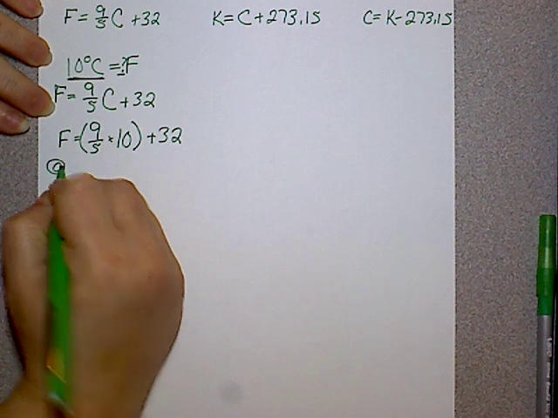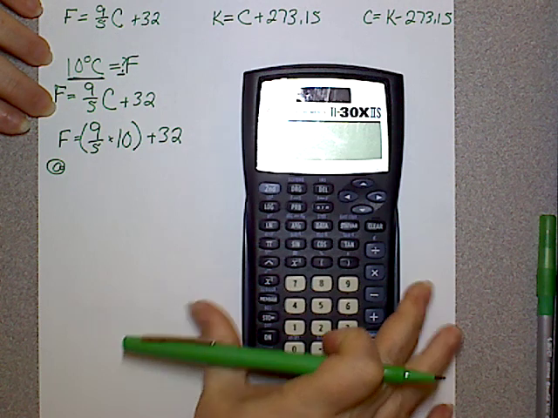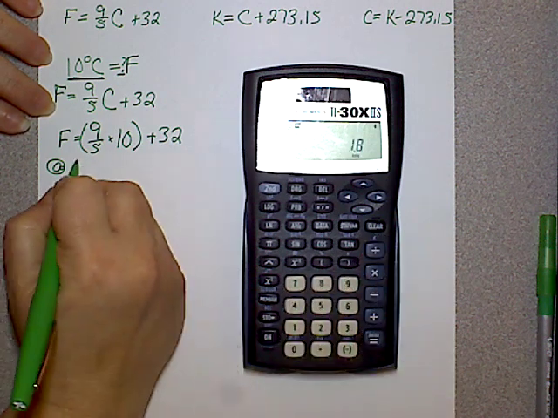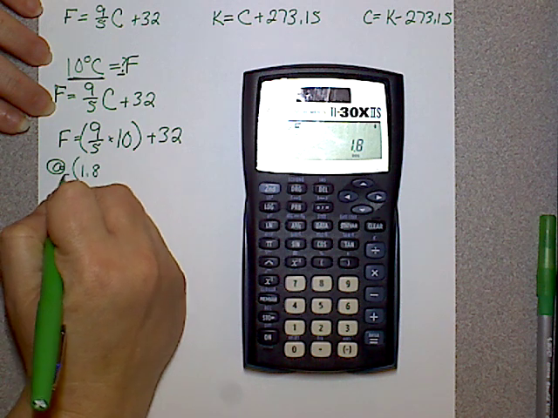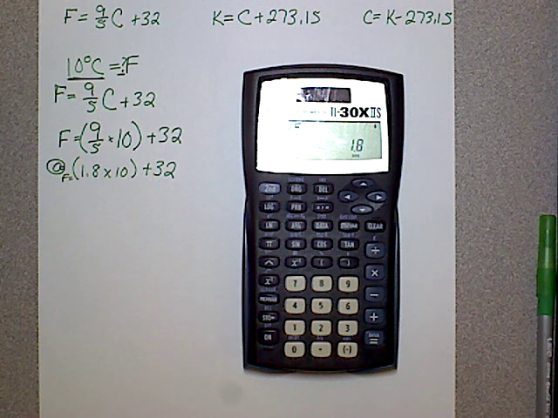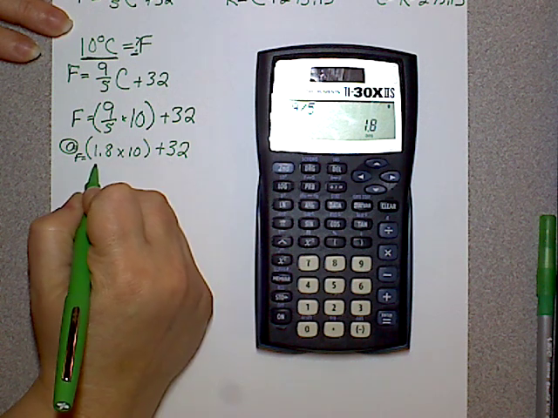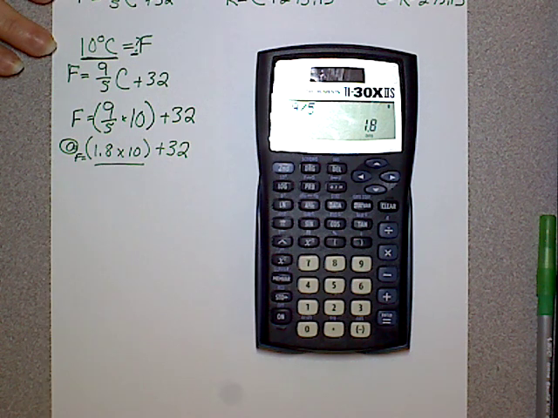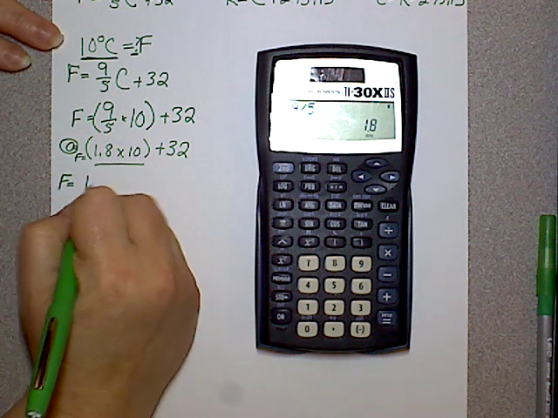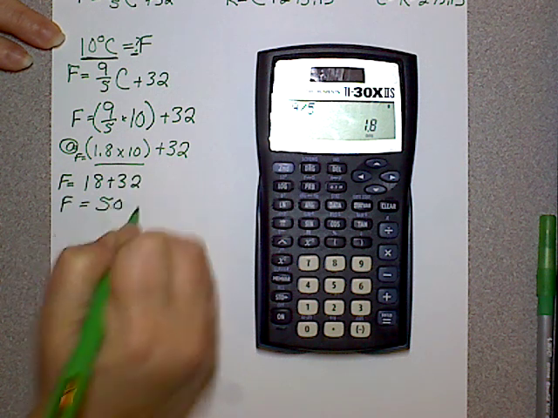So way number 1 is to do 9 divided by 5, which is 1.8, times 10 plus 32, okay? And then order of operations, you're going to do what's inside the parentheses first. 1.8 times 10 is 18 plus 32, F equals 50.